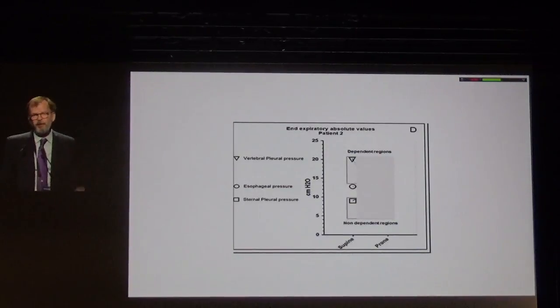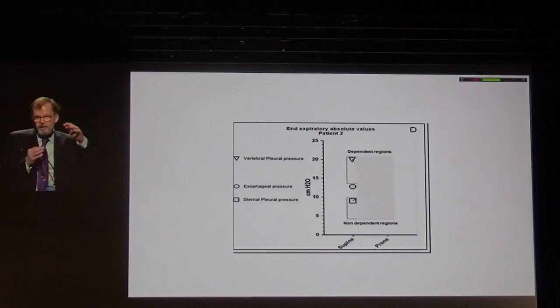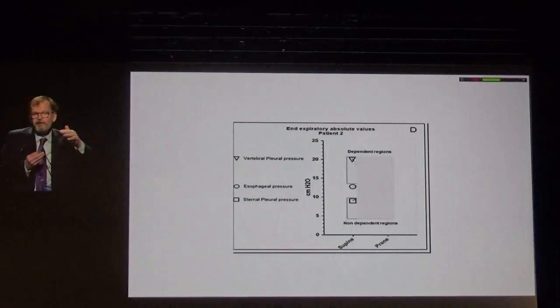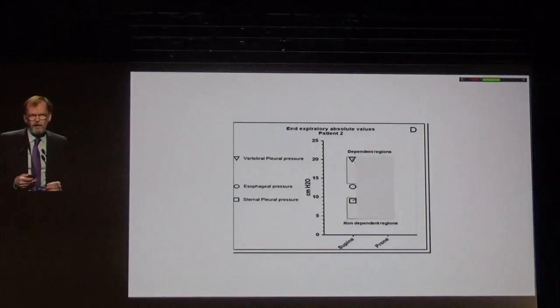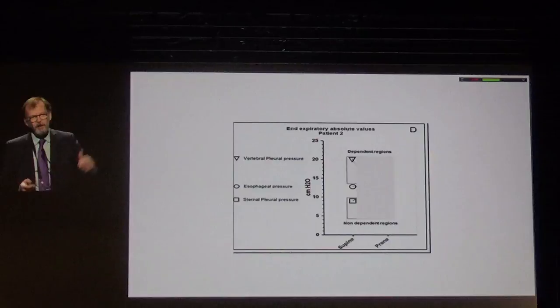The pleural pressure gradient explains that you will always have a lower pressure in the pleural space, in the non-dependent part, lower than the airway pressure. So at any value of airway pressure, the non-dependent part will always be lower, so there is always the possibility of pneumothorax. But this also explains that in the dependent part, the pleural pressure is much higher.